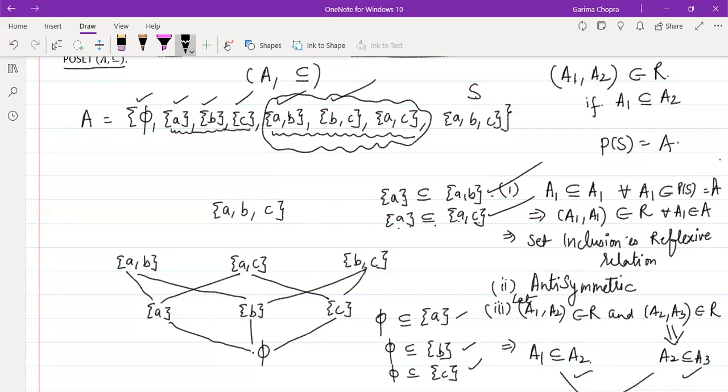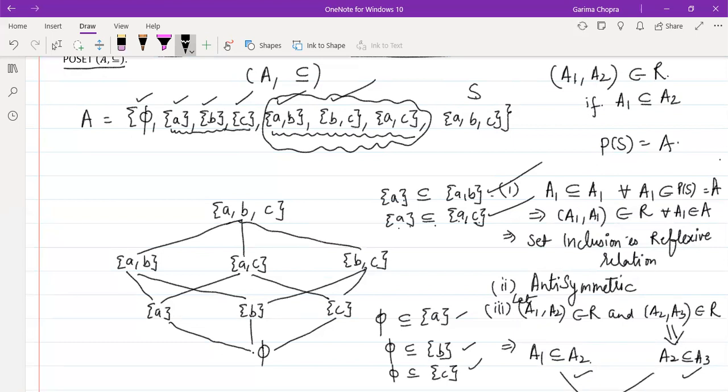They will lie above the sets having two elements, because this set is related to this, the set having two elements AC is also related to this, and the set having two elements BC is also related to this.